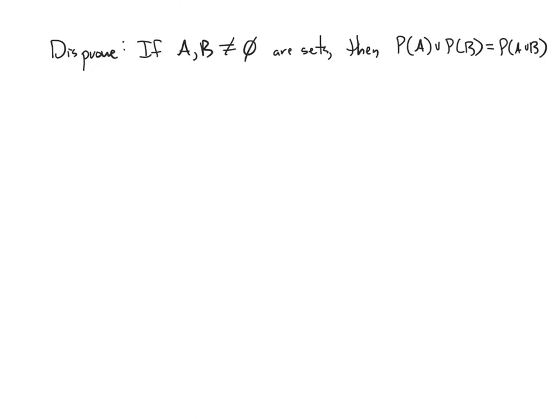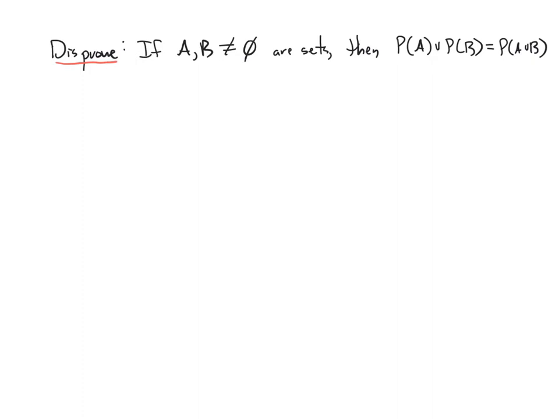Okay. So, in this question, we're asked to disprove a statement. The statement is, if we have two non-empty sets, then the union of the power sets of each of them equals the power set of the union. So we want to disprove this, so we need a counterexample.